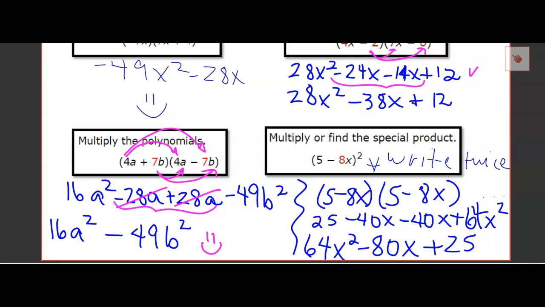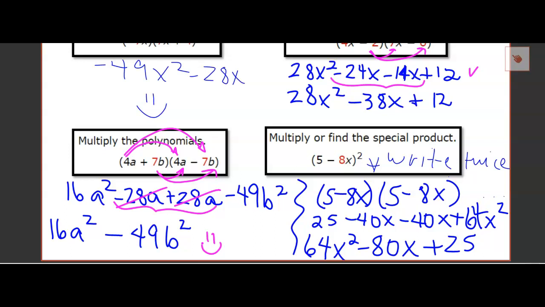Okay, and then this last one. 5 minus 8x, the quantity all squared, is written 5 minus 8x times itself, 5 minus 8x. And when we do the FOIL method, I'll get 25 minus 40x minus 40x plus 64x squared.